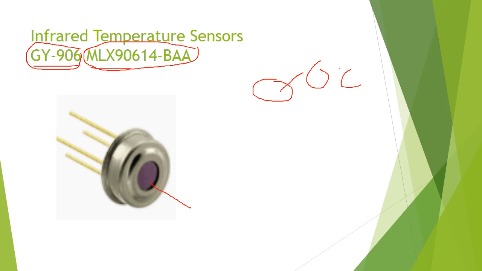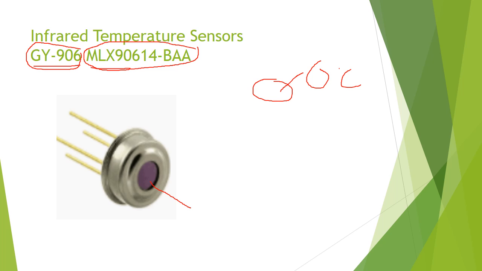Now, this sensor has a focus and a lens, and it has equipment that can absorb the infrared radiation from those molecules and then convert those signals to an electrical signal.